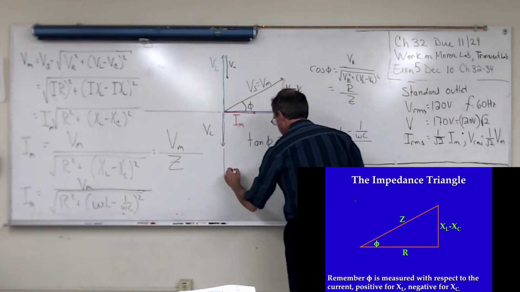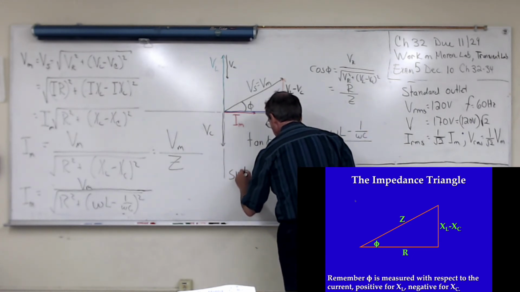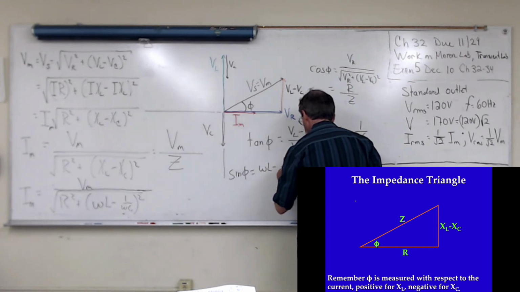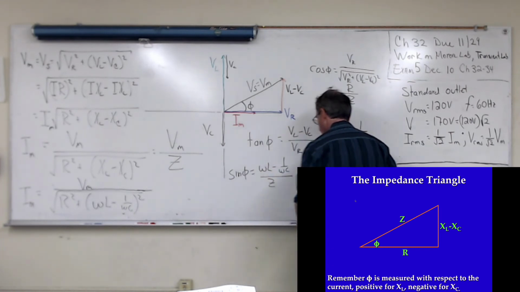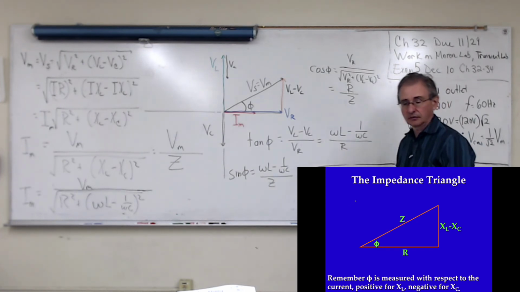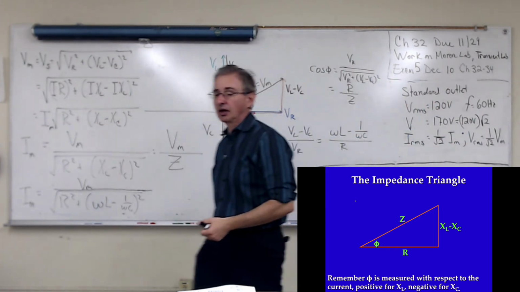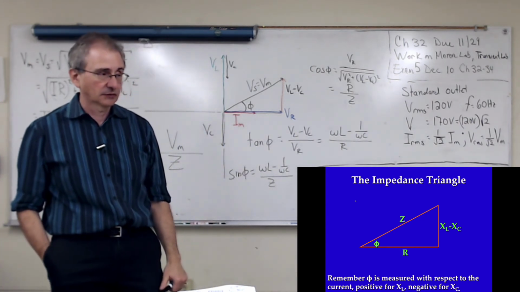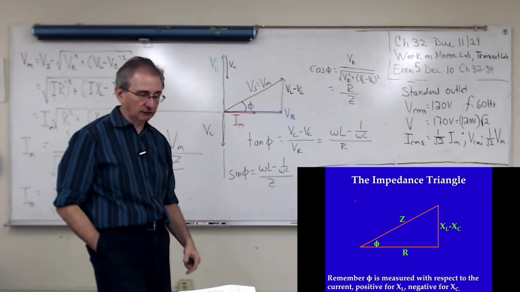Sine of phi. So everything you need to know is in that triangle you draw. If you memorize that triangle, you can figure out everything else.